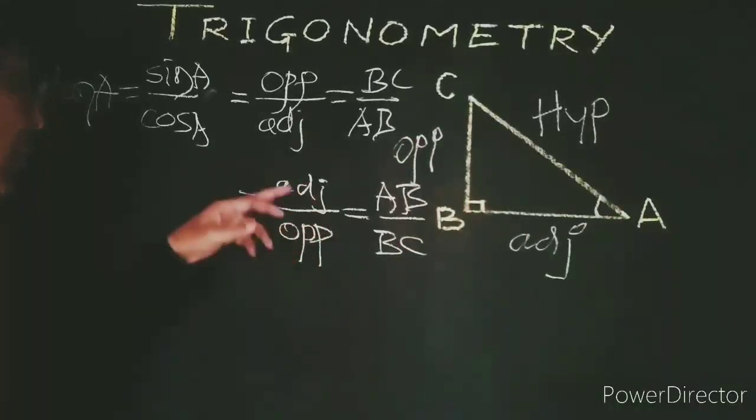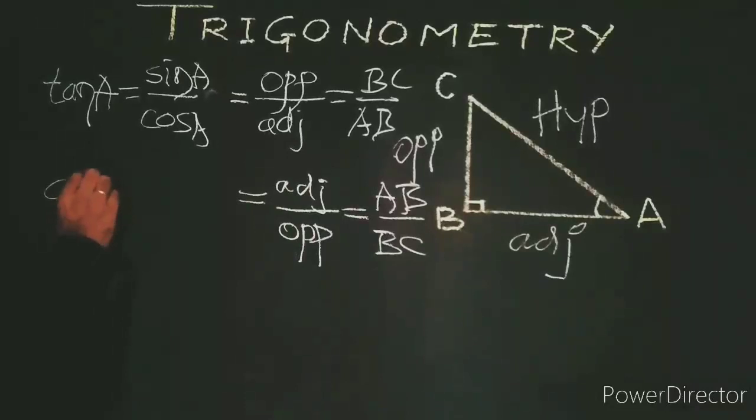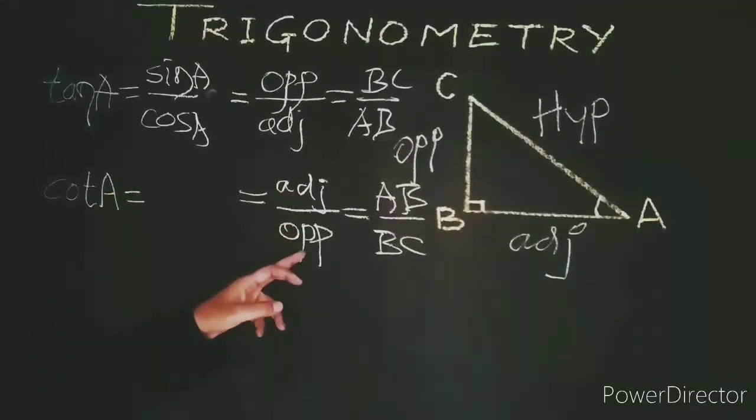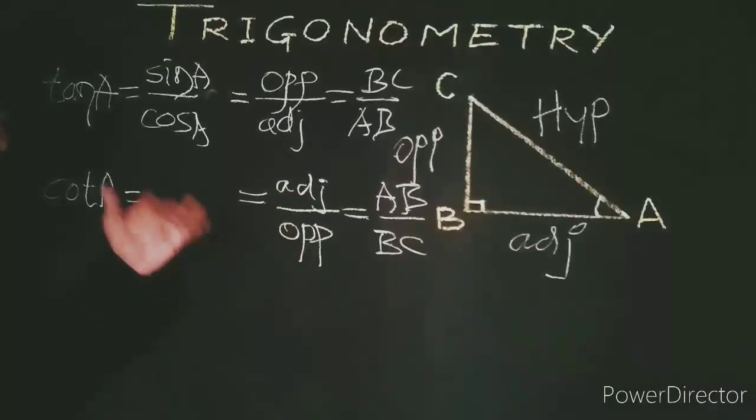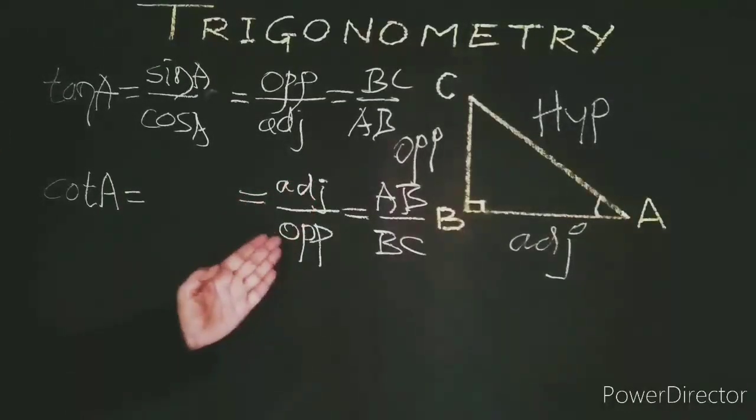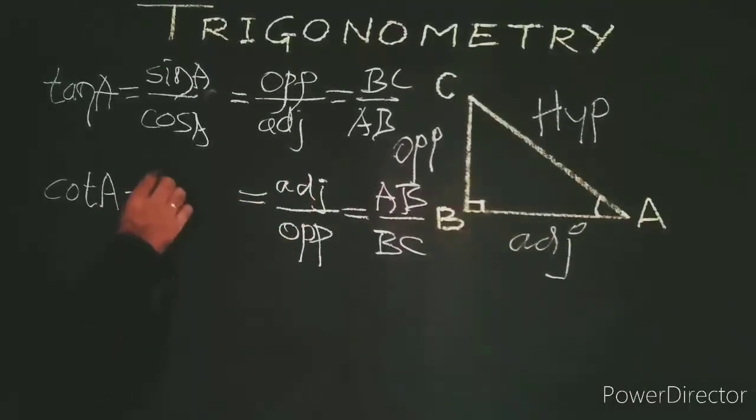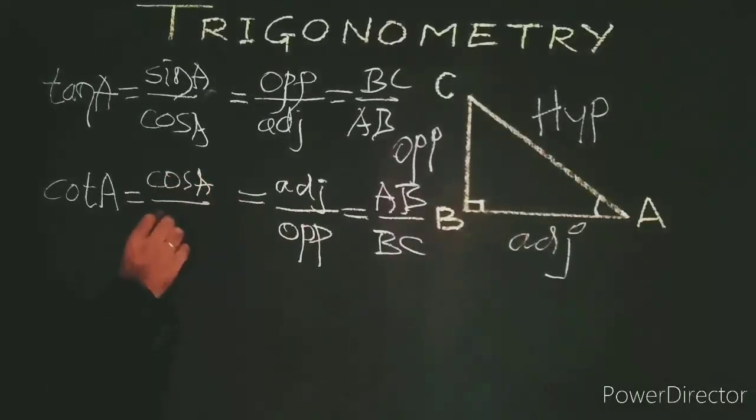This ratio, adjacent side divided by opposite side, is known as cot. Cot A is nothing but adjacent side upon opposite side. We can also get this even if we divide cos A by sin A.